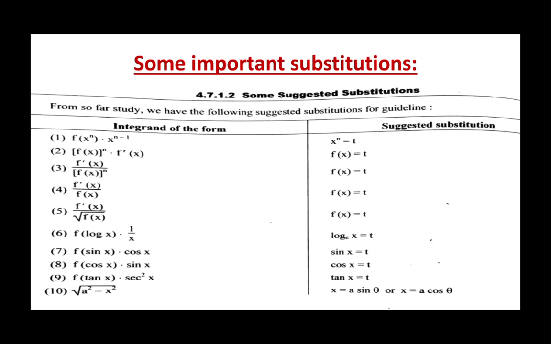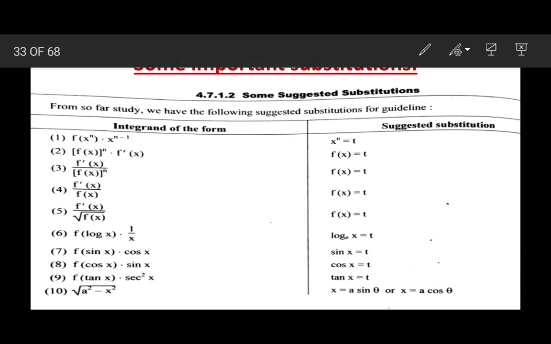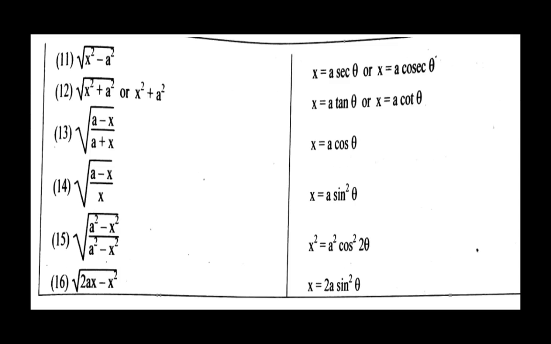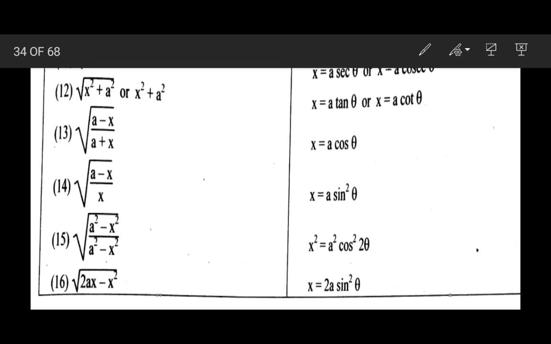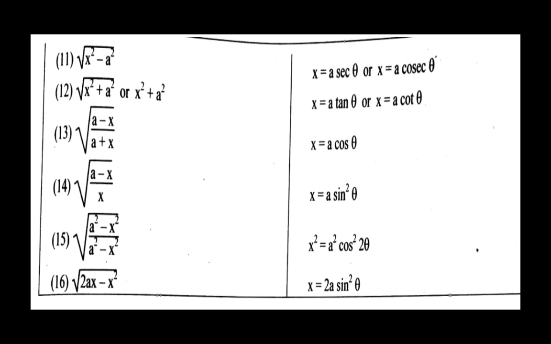As you can see here, the function and the derivative of the function both are given, so we are substituting the function. Then these are some terms, as you can see on the left hand side, which you can easily find in the trigonometry formulas.